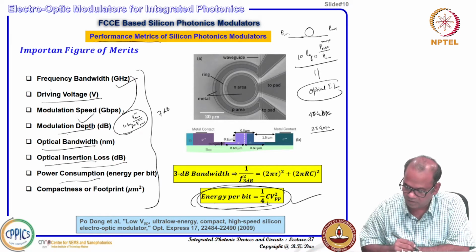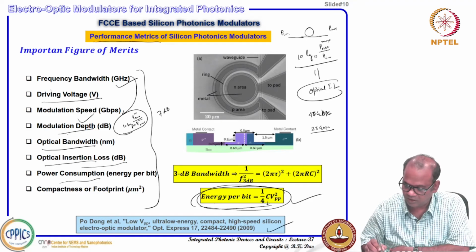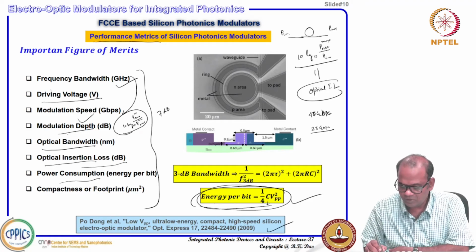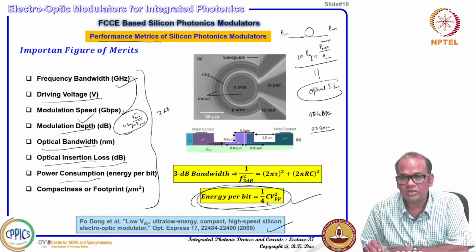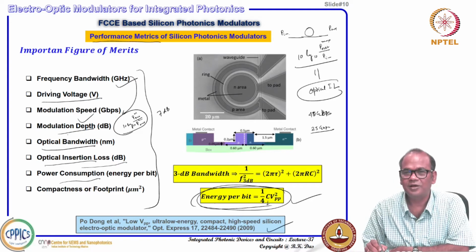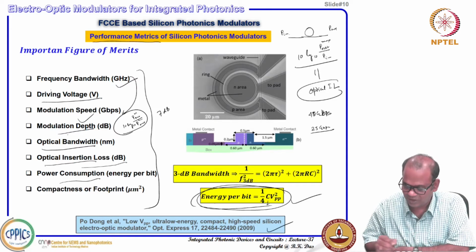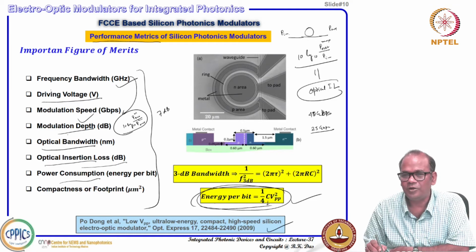I have taken this expression from this paper; if you are interested, you can learn more. So if you want to reduce the energy consumption per bit, the driving voltage should be as small as possible, and the device capacitance, whether MOS capacitance or depletion diode capacitance, should be as small as possible, so that energy consumption per bit is low.